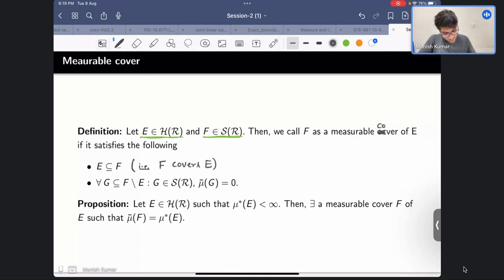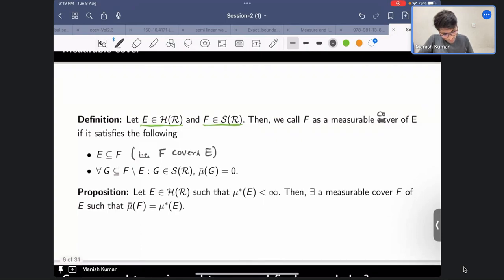Okay, and then for all G, let me write using a figure. Suppose this is your E and this is your F. The only difference between E and F is that F is measurable, it is mu star measurable, and for this we cannot say anything.